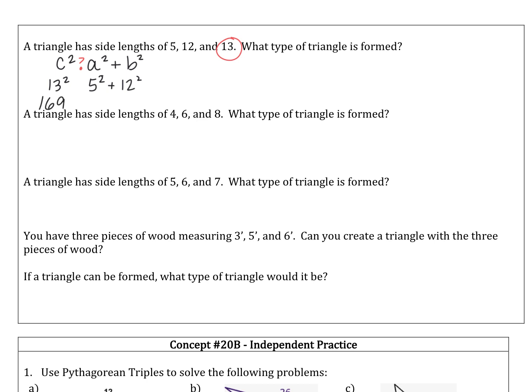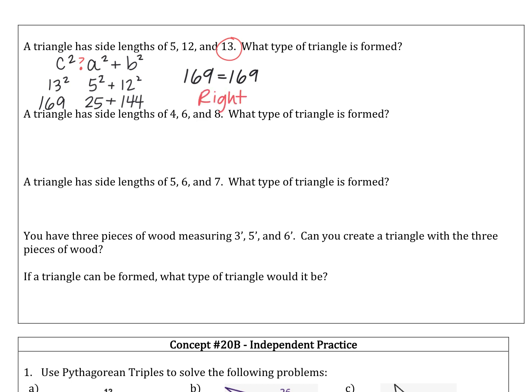And then 25 is 5 squared. What about 12 squared? 144. If you add up the right side, you get 169. 169 is equal to 169. So what kind of triangle? This is a right triangle.